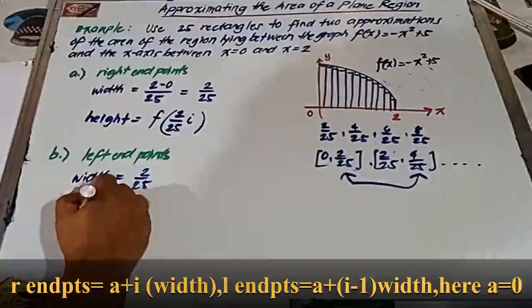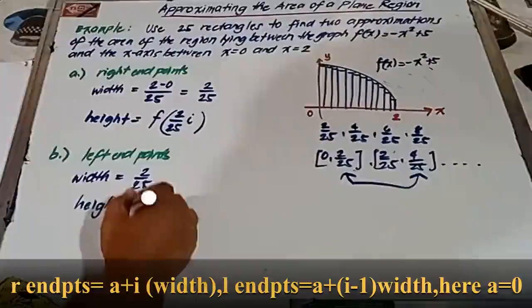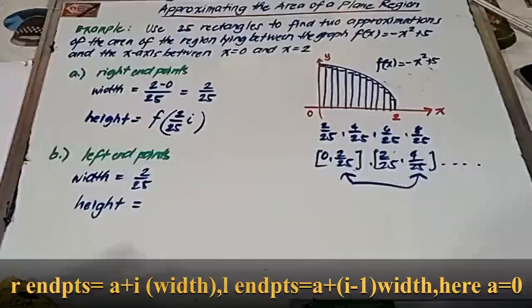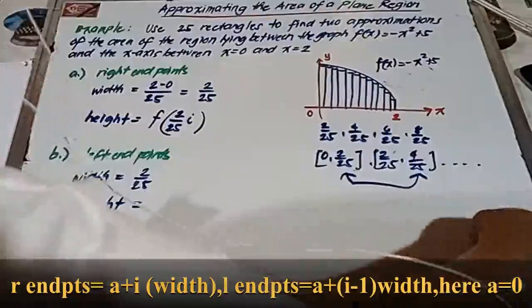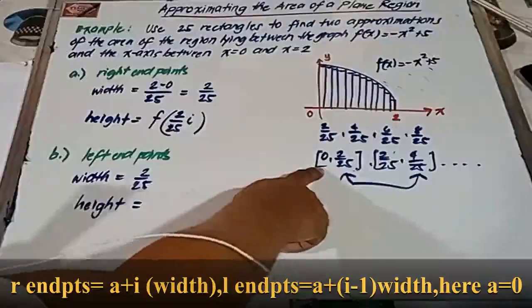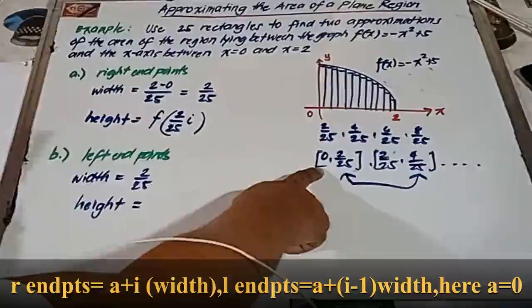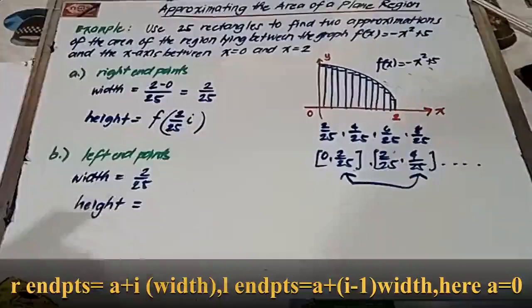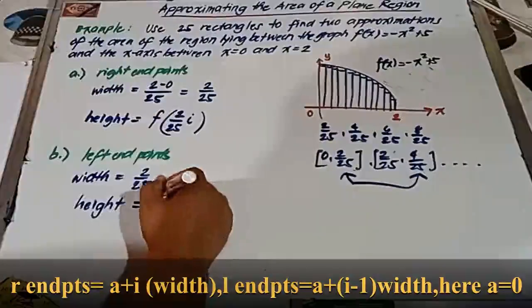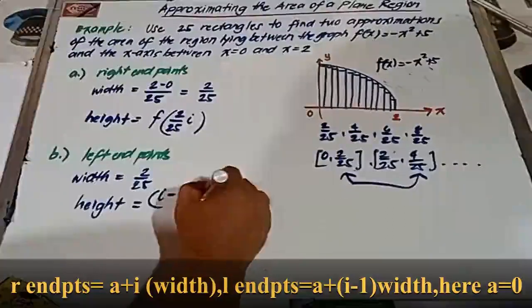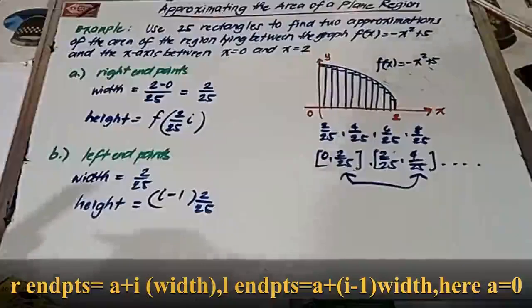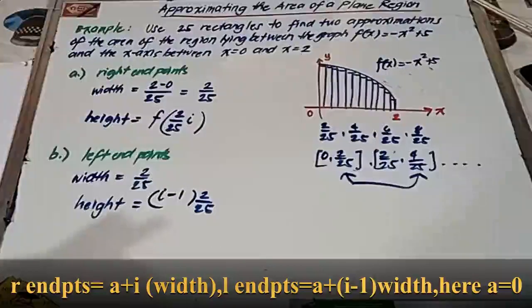At para doon sa height ng ating rectangle, itong kukunin natin, 0, 2 over 25, etc. And to obtain 0, that is, if i equal to 1, so that will be i minus 1 times 2 over 25. So that is the height of the rectangle if we're going to use the left endpoints.